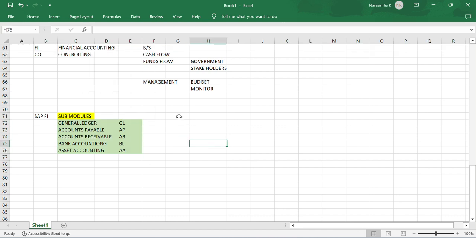Coming to CO submodules. What are the CO submodules?